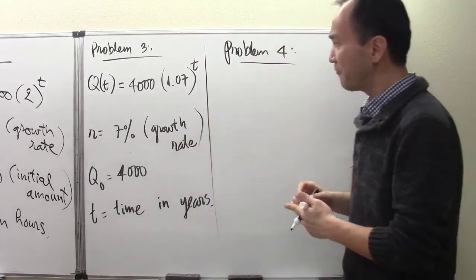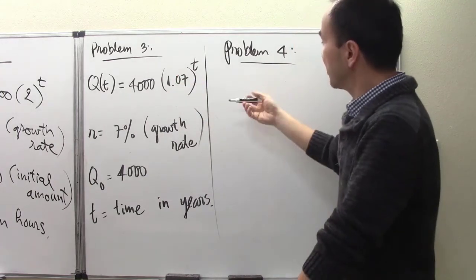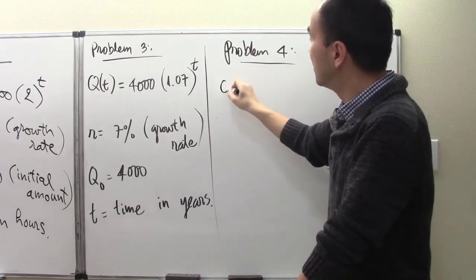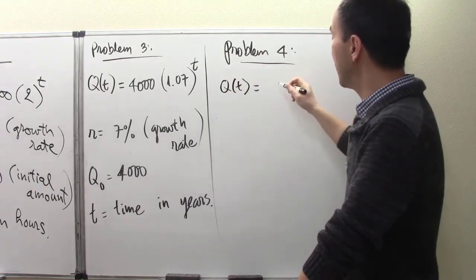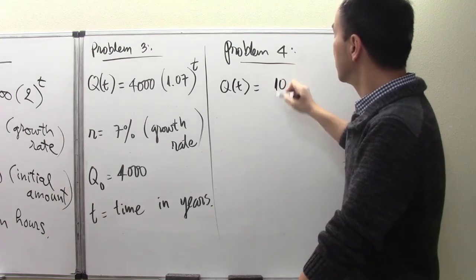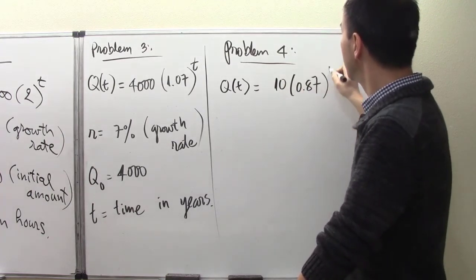But now problem 4 that we have seen just right before this, we have a quantity right there, and we came to having 10 times 0.87 to the t.